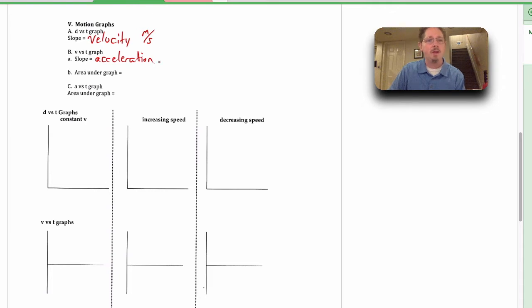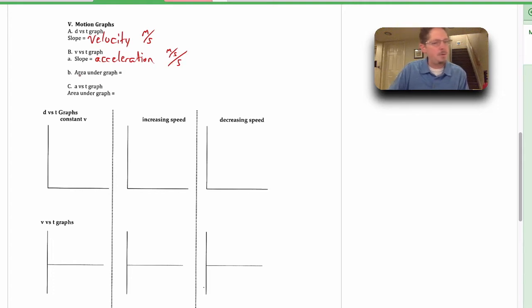Oh, the slope is meters per second. Well, if I have a velocity graph where the y-axis is meters per second and the x-axis is seconds, that change is acceleration. So the slope of a velocity graph is acceleration.